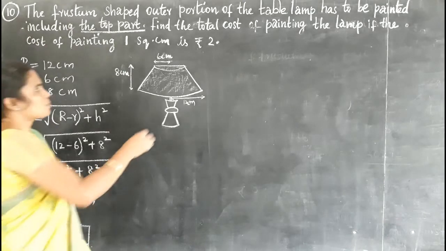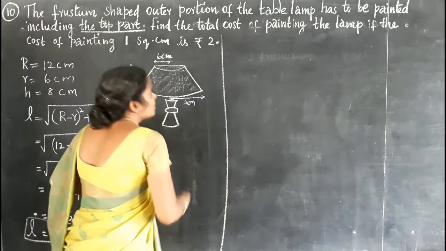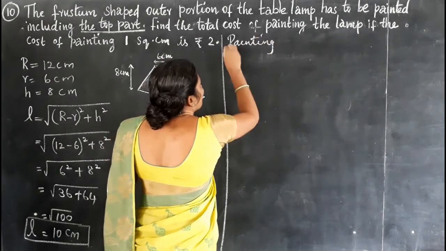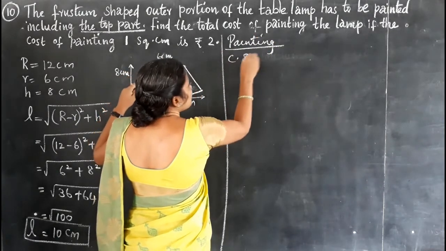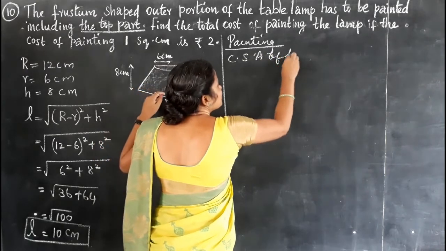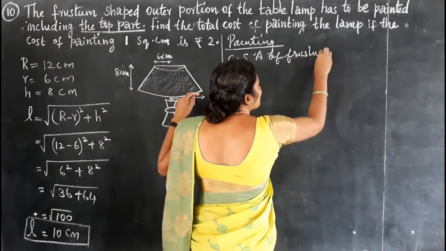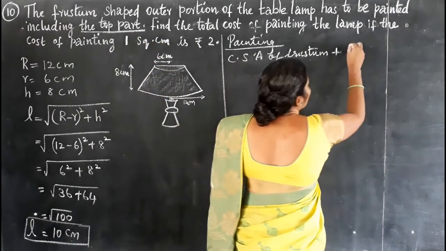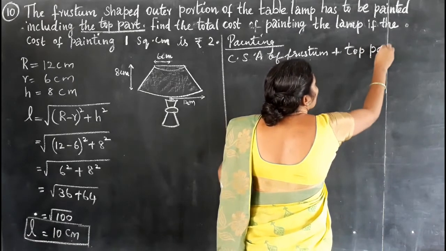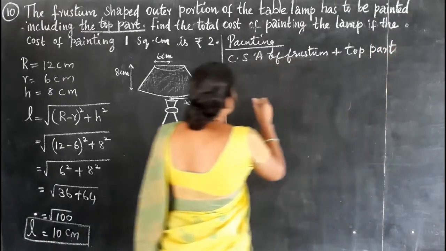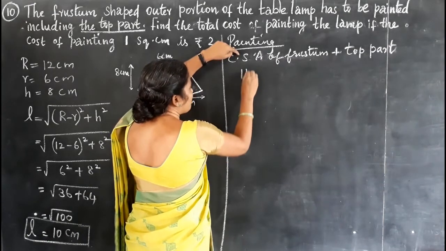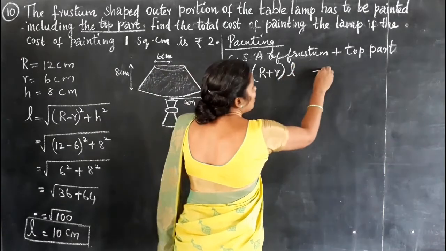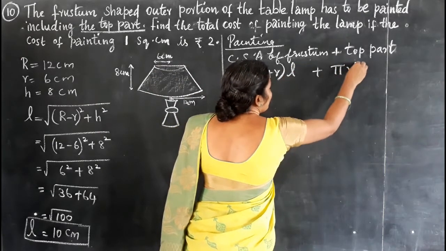Now here it asks us to paint the CSA of frustum plus the top part. CSA of frustum is pi (capital R plus small r) into L, plus the area of the top part, pi r square.